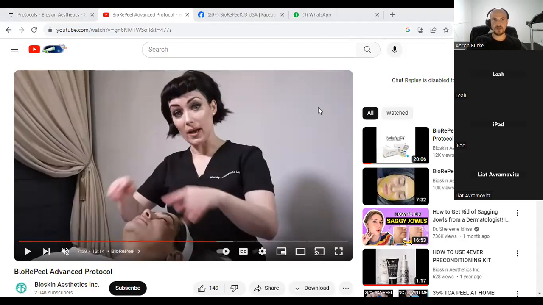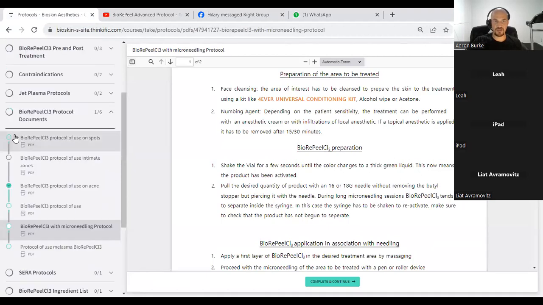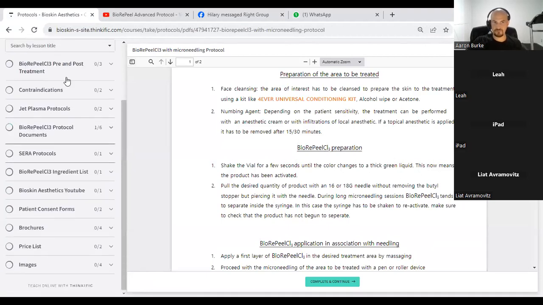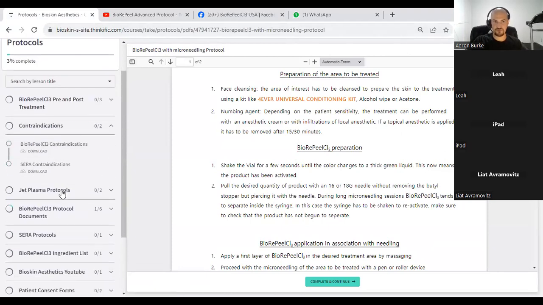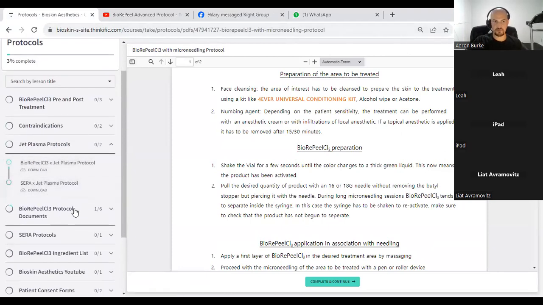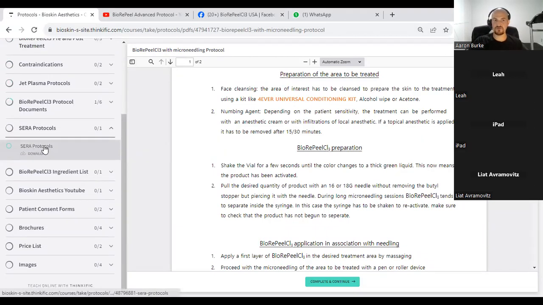And the other thing while we're on this is just inside the client portal here. Again, you're going to have lots of stuff. You get the pre and post treatment stuff, contraindications, doc, jet plasma protocols, a bunch of different BioRePeel standard protocol stuff, melasma, microneedling, acne, etc. You've got some protocols here for the mesotherapy stuff, which is a whole different conversation in the session.